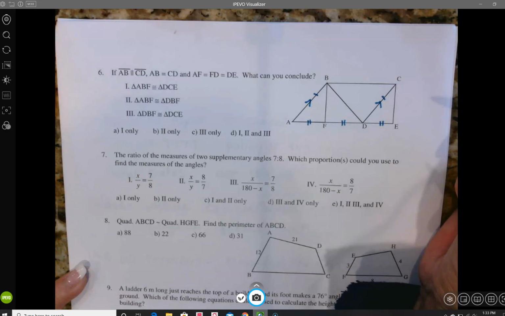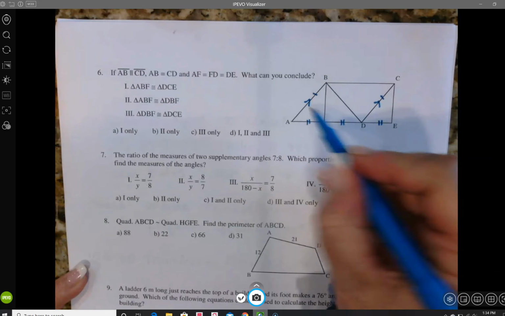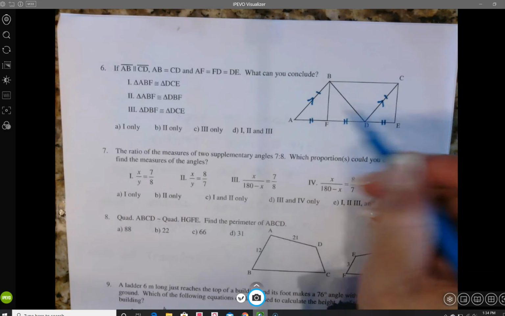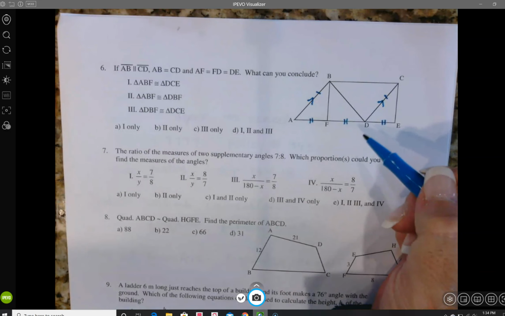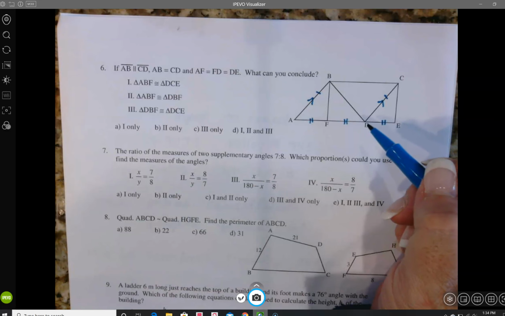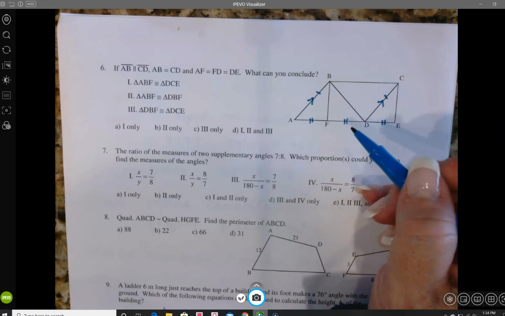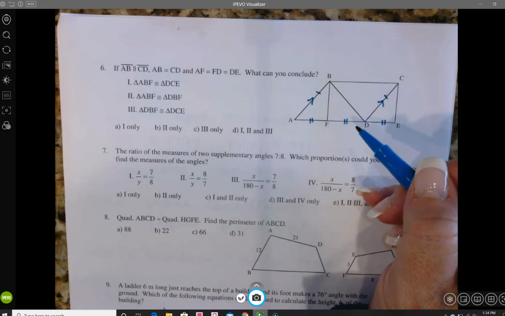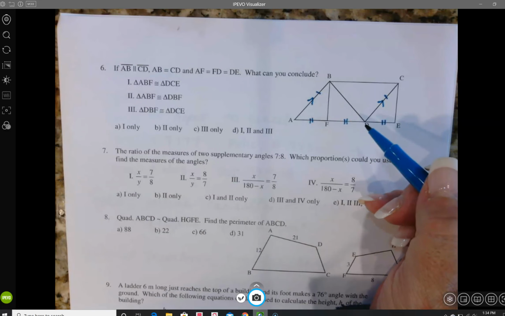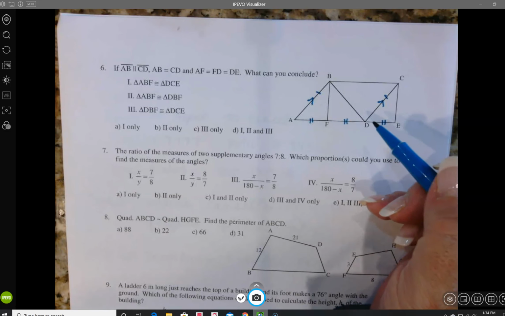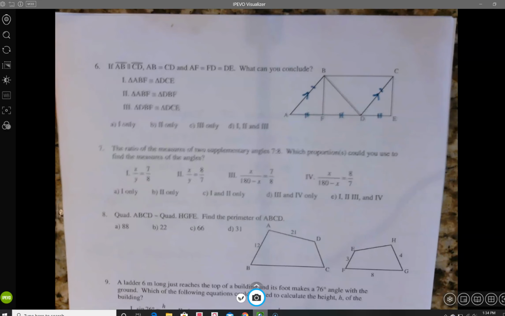What can you conclude? So what we've got here are a couple of parallel lines. We've got some congruent sides. And what we really need is some way to use some of our triangle congruence theorems to be able to tell what is true or not. So let's see.